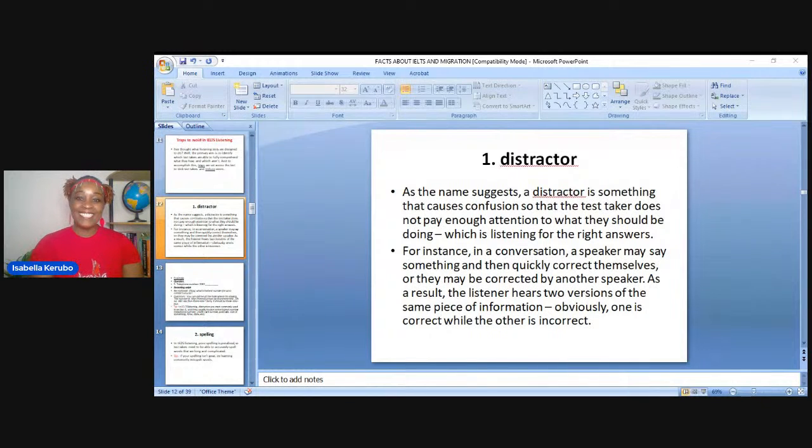Trap number one, distractors. Just like the word indicates, distractors are things that are deliberately set up in the IELTS listening test to confuse the test takers. Remember, you are listening to audios being played, either a monologue or a conversation between people.